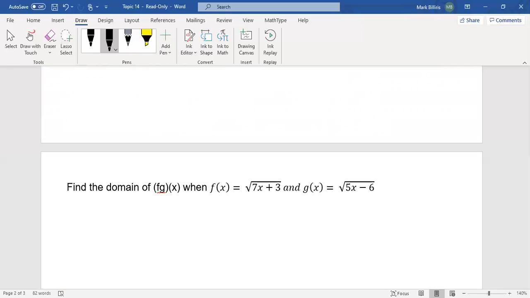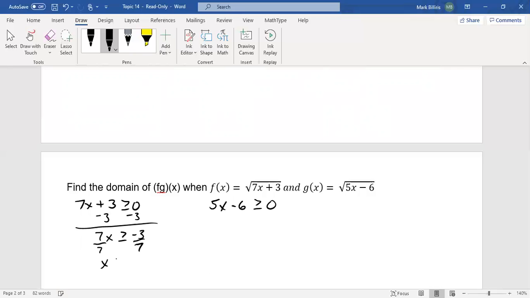So since they're both underneath the radical sign, we know that the radicand, 7x plus 3, and 5x minus 6 have to be greater than or equal to 0. So now we'll solve. So we'll start by subtracting 3. So we have 7x is greater than or equal to negative 3, and then divide by 7. So x has to be greater than or equal to negative 3/7.